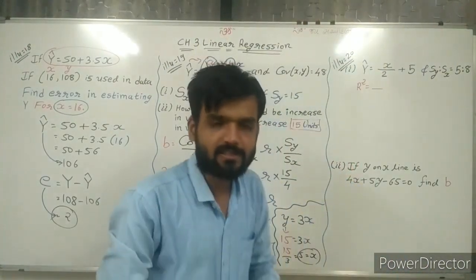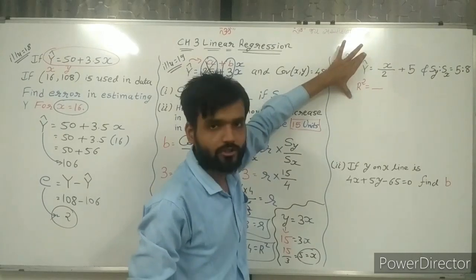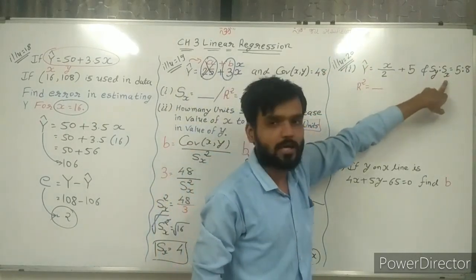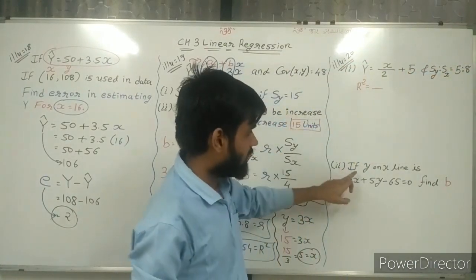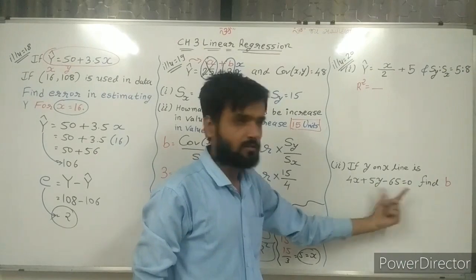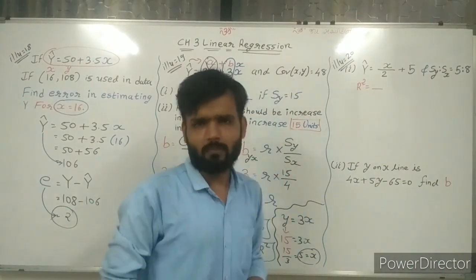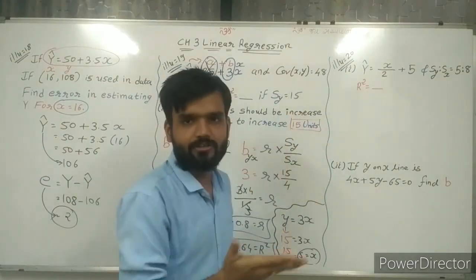Now on this basis, illustration number 20, I have written in short. y cap is equal to this, Sy ratio Sx is equal to this, find r square. First question. Second, the y on x line is this, find b. Now both are easy, but first of all, you have to understand it the first time.